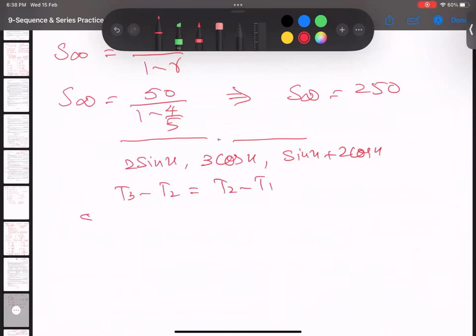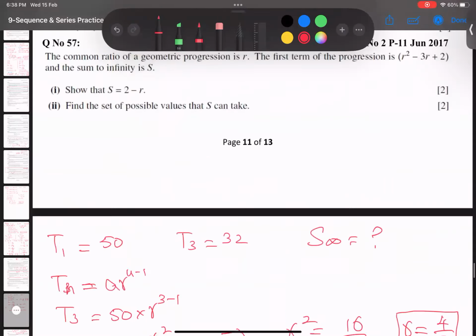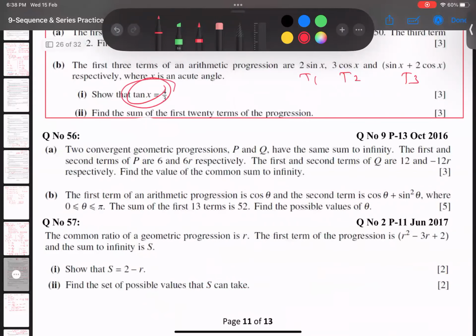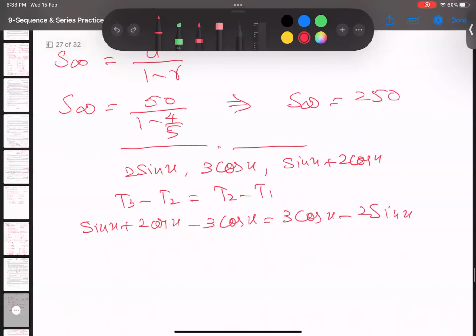Let's start. Sine x plus 2 cos x, I kept this here, and minus T2, which is 3 cos x. Now again, second term, 3 cos x minus first term, 2 sine x. Simply solve it now. It is very clear because I have to make a tan, and tan means sine over cos. All sine on the left side, all cos on the right side.